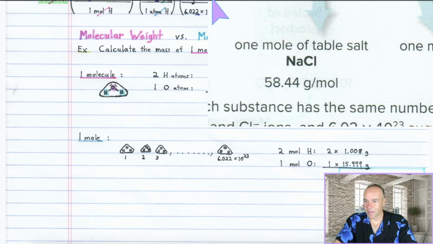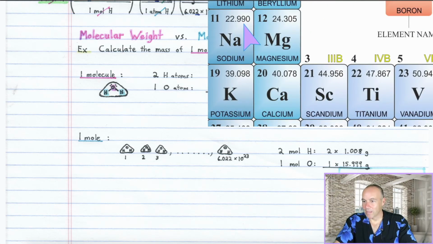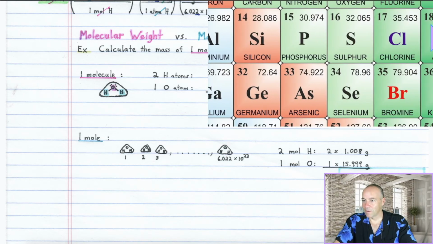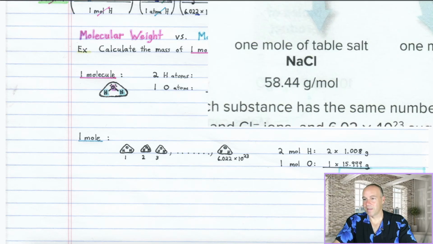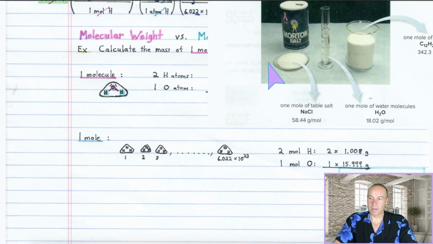And sodium is right here at 22.99, and chlorine is over there at 35.45. So adding up 1 of each, you get 58.44 grams per mole. And that's a mole of sodium chloride pictured right there in that weighing dish.